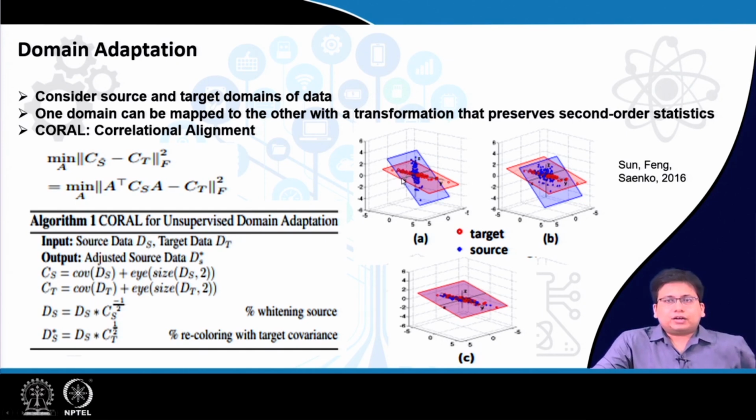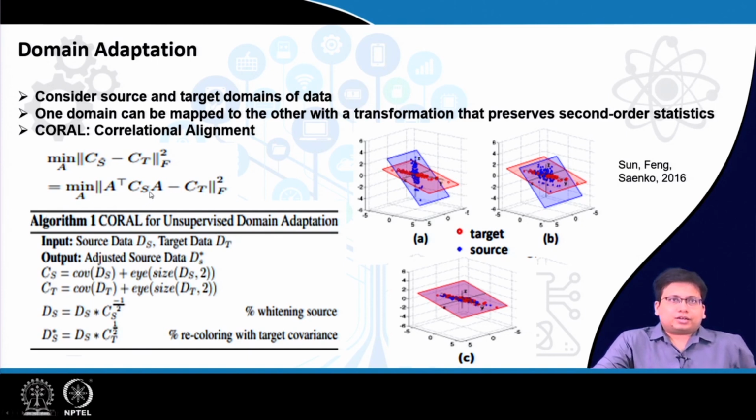However, this kind of projection obviously cannot be a random projection. The salient properties of the source domain and the target domain need to be maintained. That is achieved by trying to match the second order statistics.